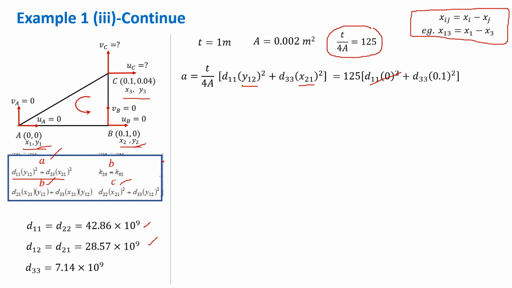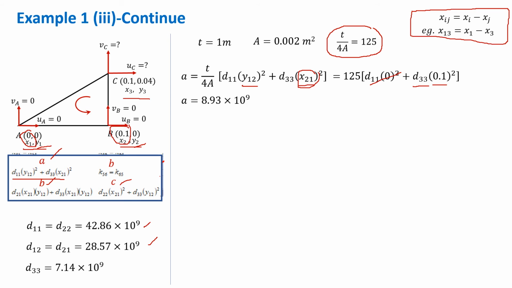Next, x21. Refer back to our coordinates. x2 is equal to 0.1. x1 is equal to 0. Therefore, x21 is equal to 0.1 minus 0 equal 0.1. Then, we just need to substitute the value D33 into this equation and calculate.